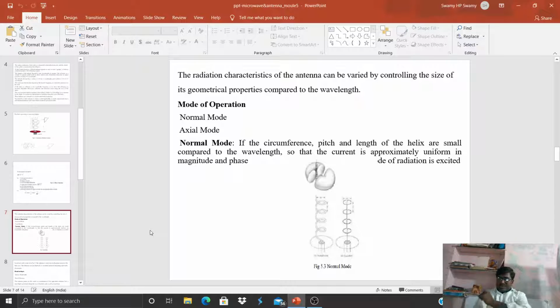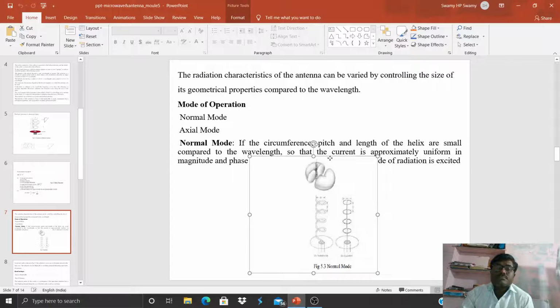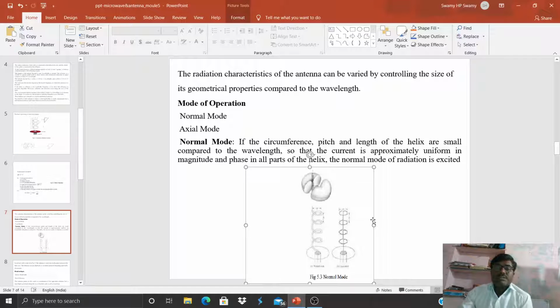In normal mode, this is the structure I am showing here. If the circumference, pitch and length of the helix are small compared to the wavelength, so that the current is approximately uniform in magnitude and phase in all parts of the helix, the normal mode of radiation is excited.